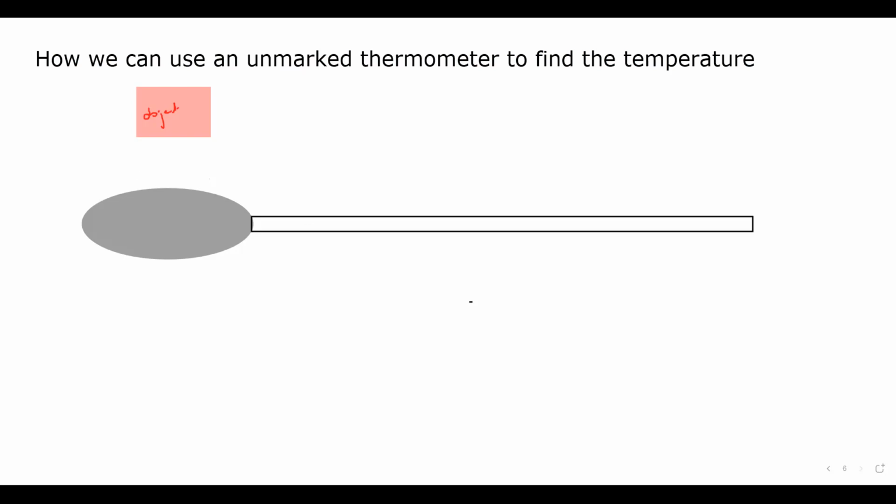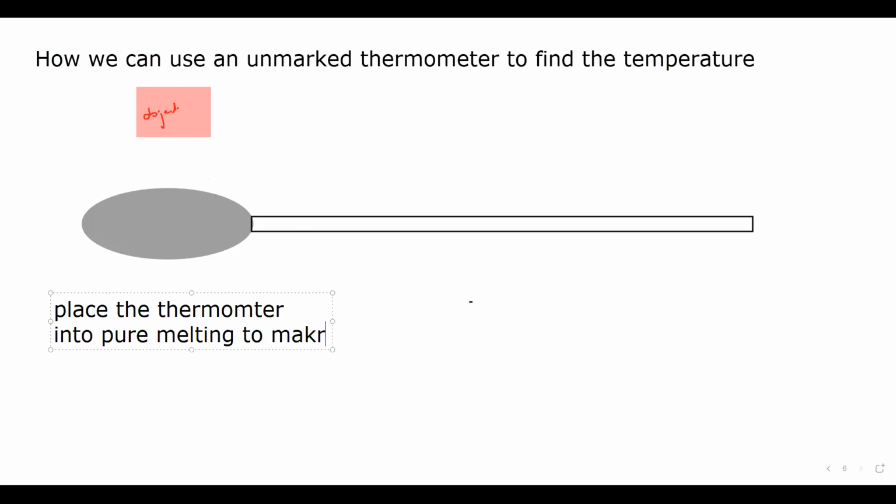So first what we do, first we will place the thermometer into pure melting ice to mark 0 degrees centigrade.